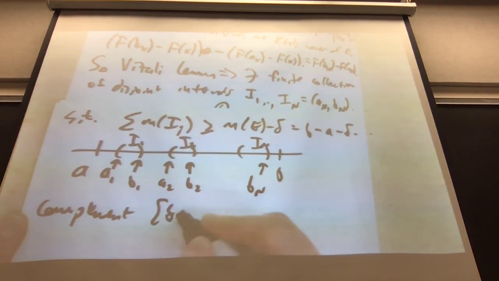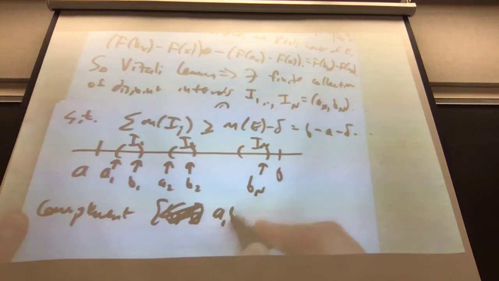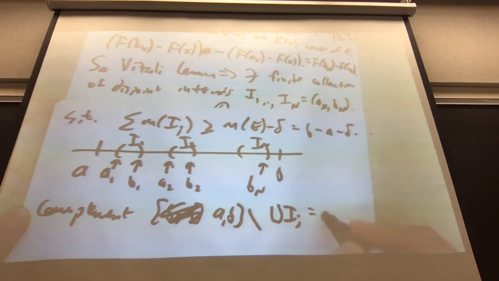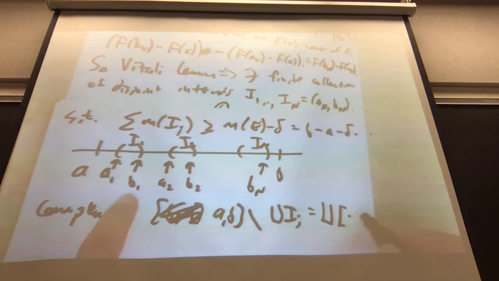So the complement, in other words, A to B, as we usually write that, take away the union over the i's, is also intervals. It's a disjoint union of, I guess these are closed intervals that look like bj to aj plus 1.